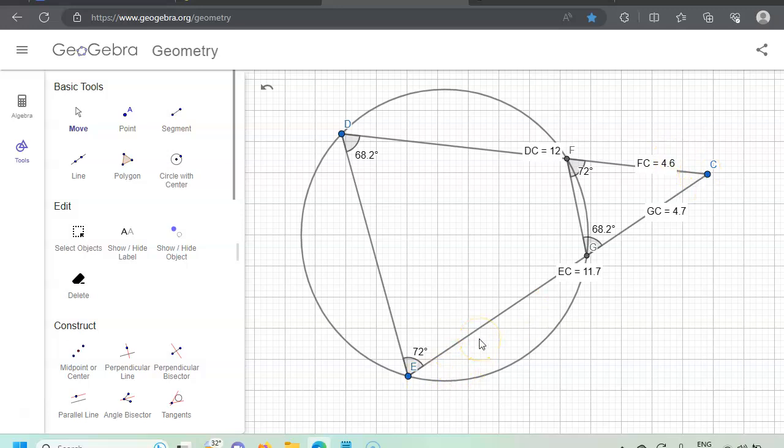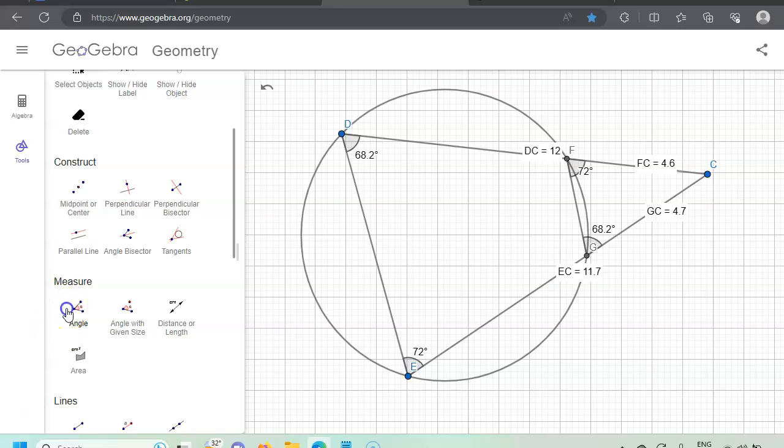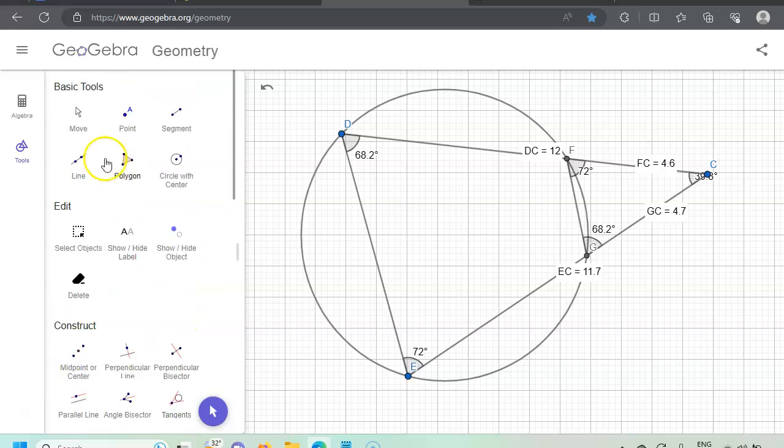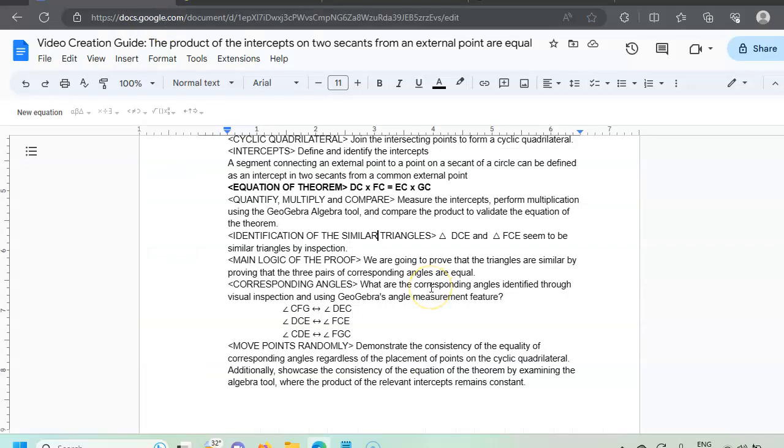Okay, it refers to the same angle. So, by reflexive property, those 2 angles FCG and DCE are equal. Alright, so we have shown now that all corresponding angles are equal. So we can say that the 2 triangles DCE and FCG are similar.